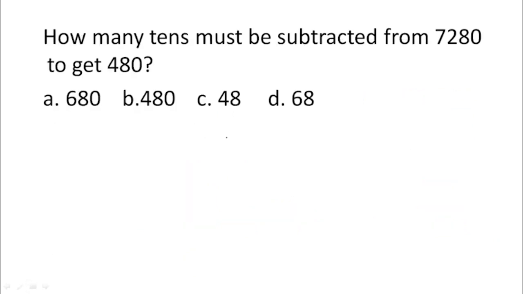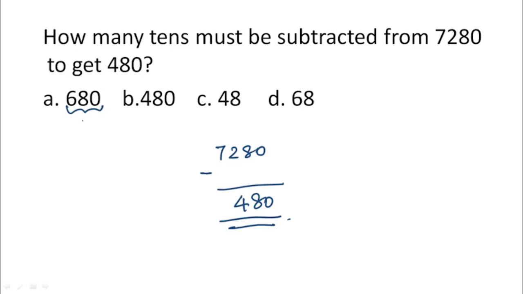How many tens must be subtracted from 7,280 to get 480? So, from 7,280, you are subtracting some number and the answer that you get has to be 480. What can be that number? So, first option says 680. See, they have given in the question how many tens must be subtracted.